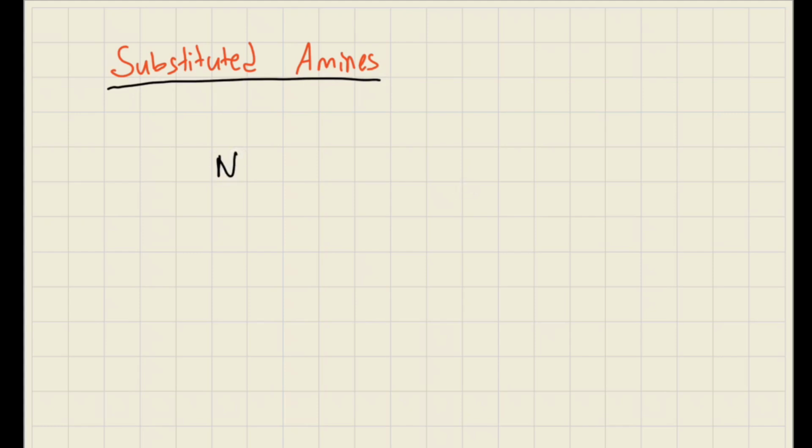Again, we have, for instance, ammonia. This is the Lewis structure of ammonia. We have 2 electrons. These are the electrons that will be donated by the base, NH3 here.